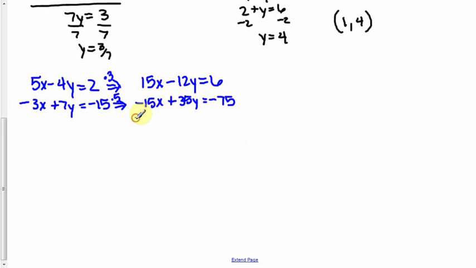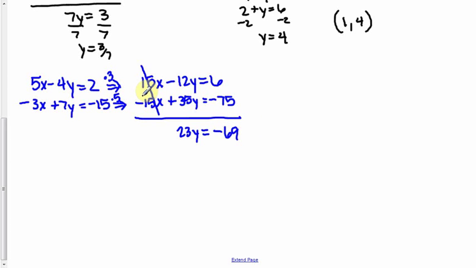Okay. The x's cancel, eliminate. Negative 12y plus 35y is positive 23y. And 6 minus 75 is negative 69.